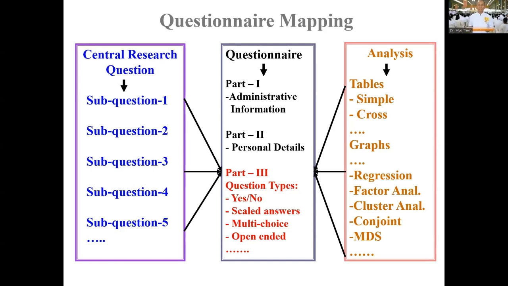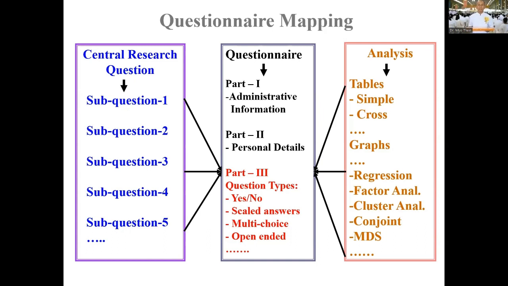And then the questionnaire: how can the questionnaire be developed from all these research problems or research questions? There are 3 parts through which we can make the questions: part 1, part 2, and part 3. Part 1 is administrative information. You have to give data or write about your institution or the university or any company through which you are working.